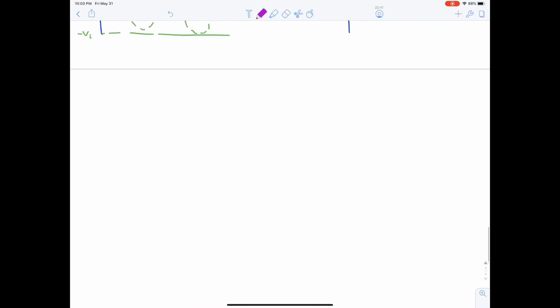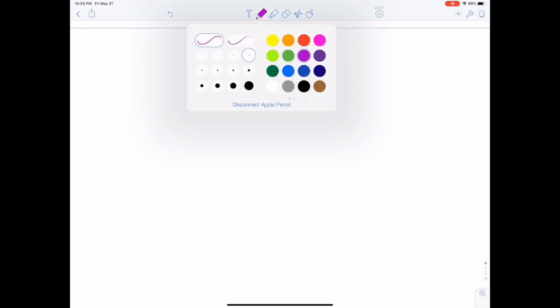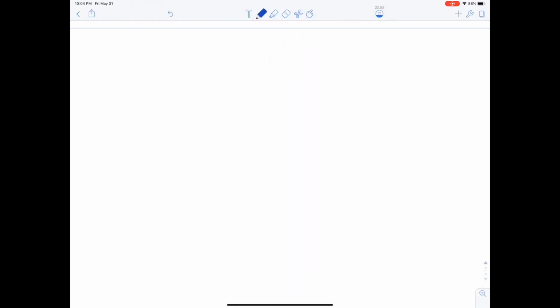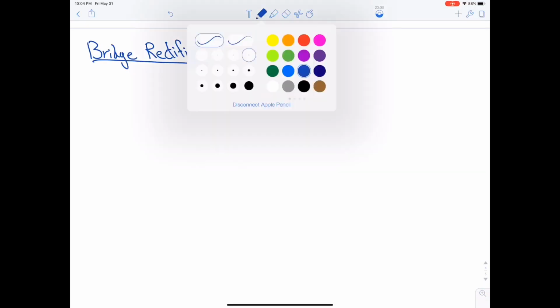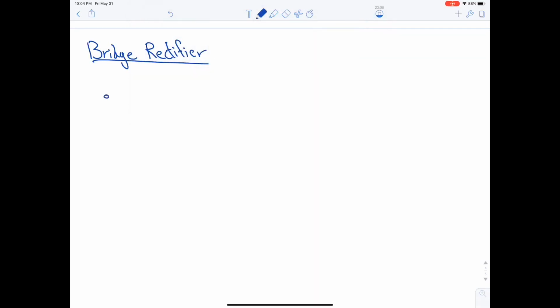Moving on. Another implementation of the full wave rectifier is a bridge rectifier. Let's analyze it. How does the bridge rectifier look like? It's like this. It consists of 4 diodes.